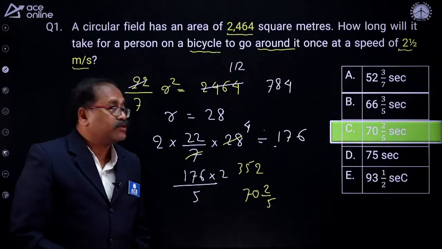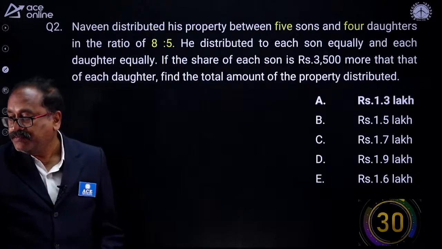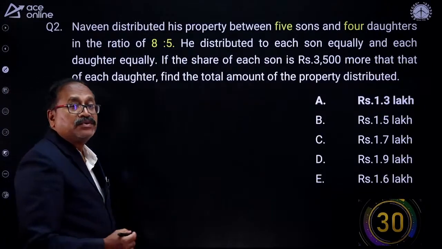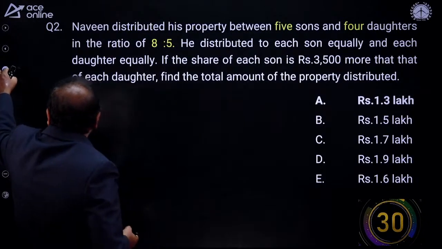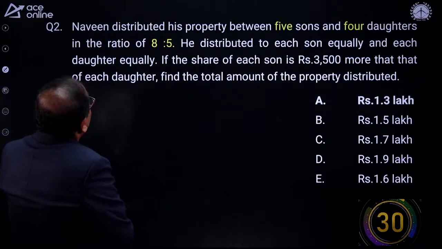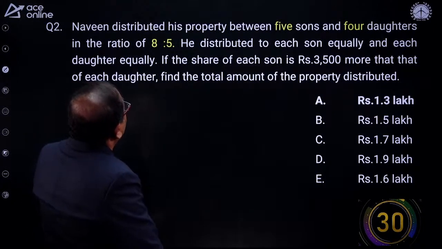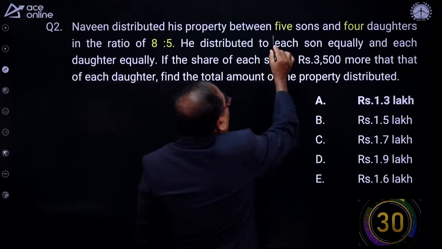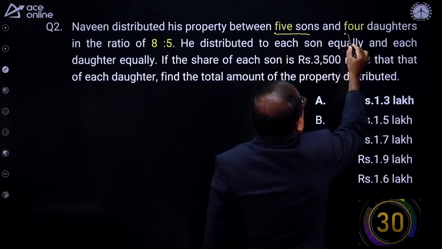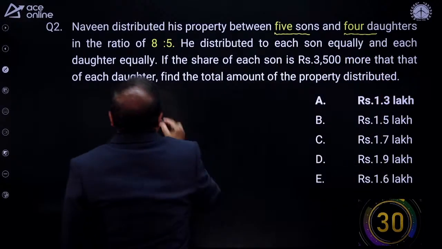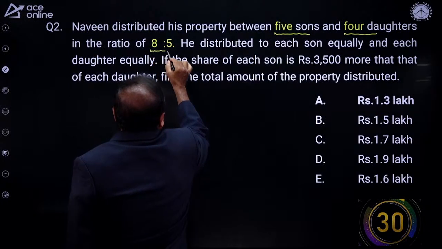Moving on to the next question, my friends. Will you please try to answer the question? Naveen distributed his property between 5 sons and 4 daughters in the ratio of 8:5.